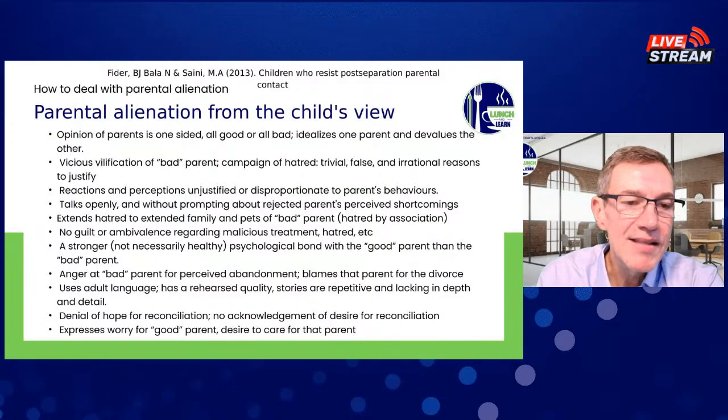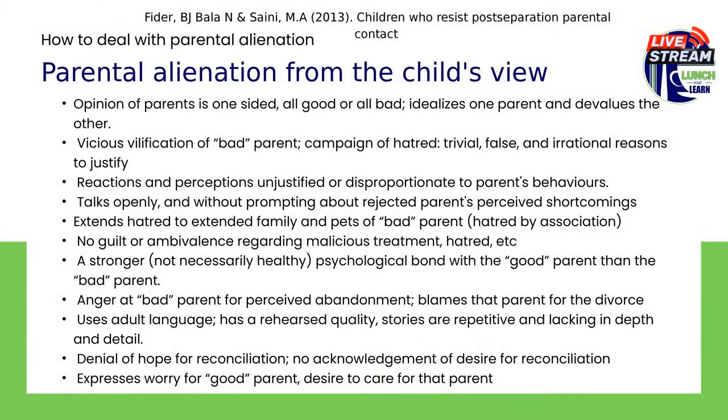Now, in the next couple of slides, we'll be dealing specifically with the view from the child, and this was done by a research paper, Children Who Resist Post-Separation Parental Contact, by Fidler, Bala and Saini in 2013.